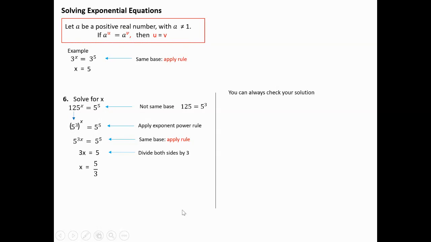Okay. And again, you can always check your work, the solution. If I plug in 5/3 for the x, it'll give us 125 to the 5/3 power. Right, you can plug it into the calculator. So it's going to give you 3,125 on both sides, so we know that's the answer.